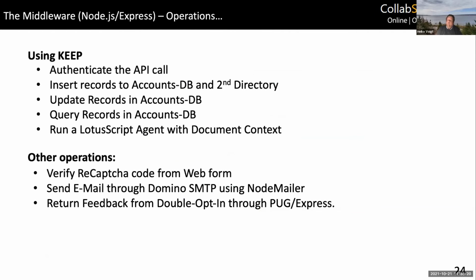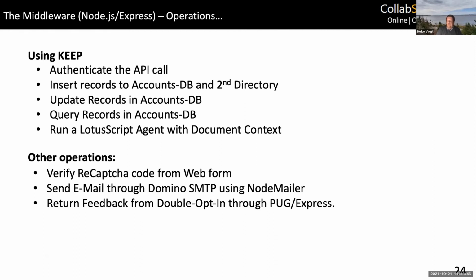So using Keep in that area means we have a couple of things to do. What operations are we using Keep for? First of all, we have to authenticate against Keep to get a JWT token to authenticate ourselves. This is a central feature that we need, and of course, everything that we do only works authenticated, besides anonymous access.